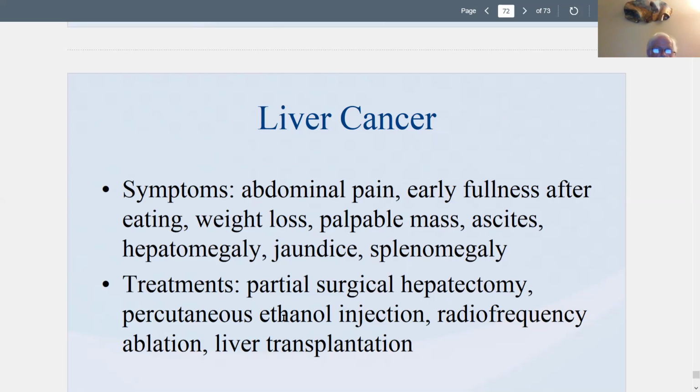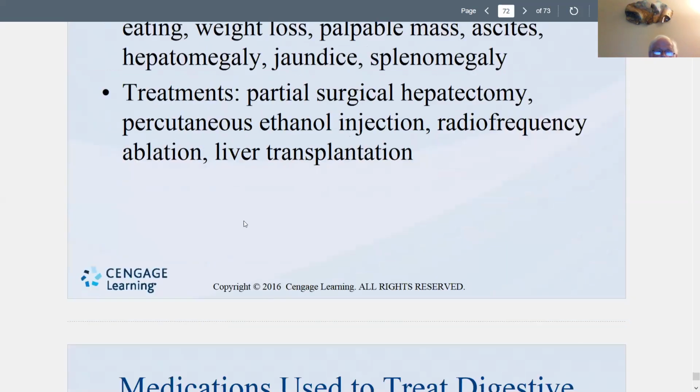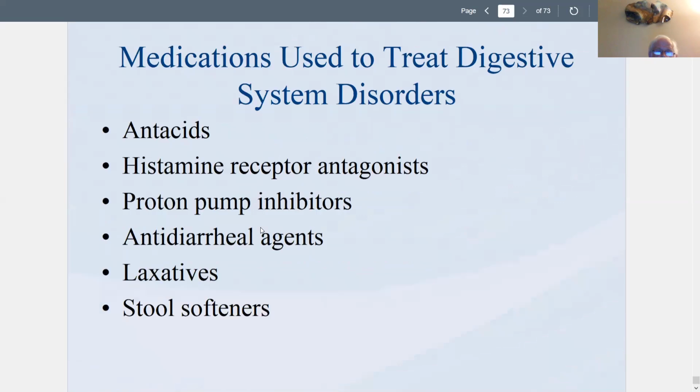We can try to kill the cancers by directly injecting ethanol into the affected tissues. I would imagine that's not very fun. We can also use radio frequency radiation to destroy the cells.